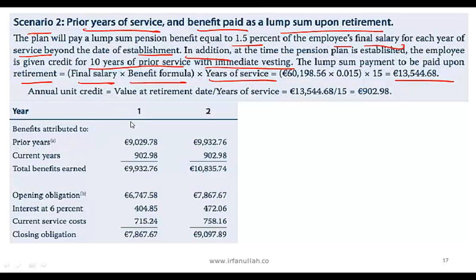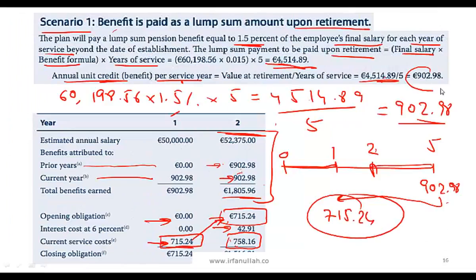At year 1, when this plan is starting, so at time 0, and then we have period 1, in this scenario, when we are starting over here, start of year 1, which is time 0, the benefit attributed to prior years is already 9029.78. Where is this coming from? Do you remember this number?